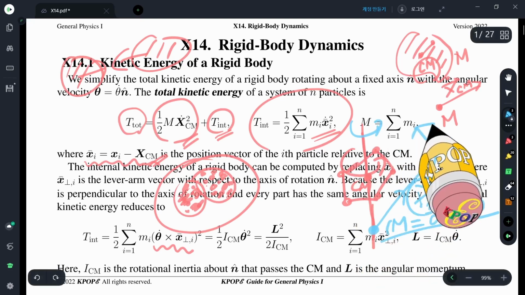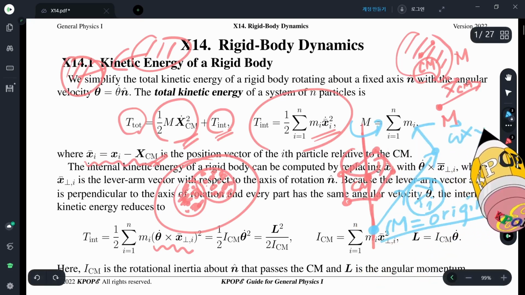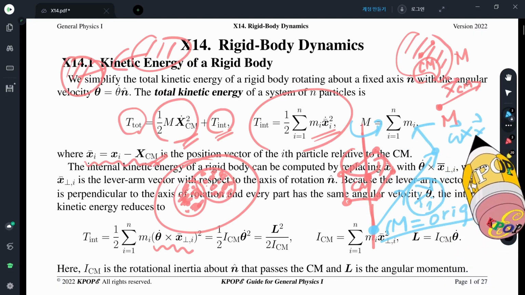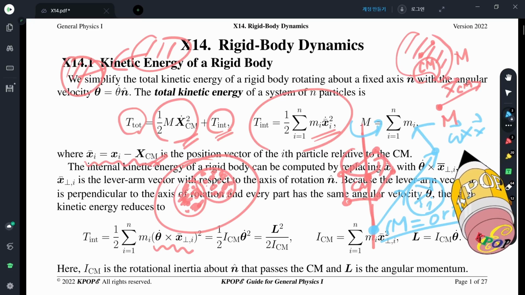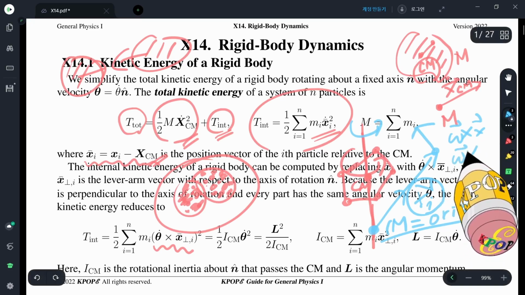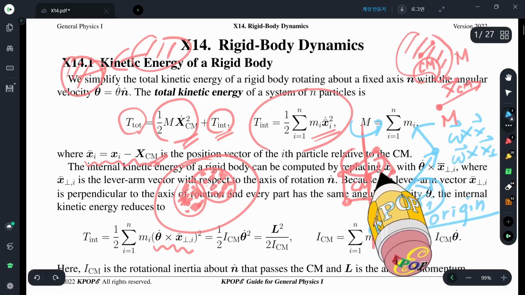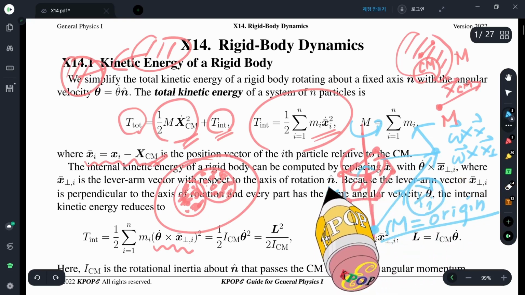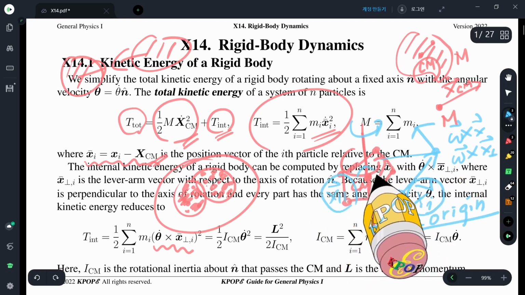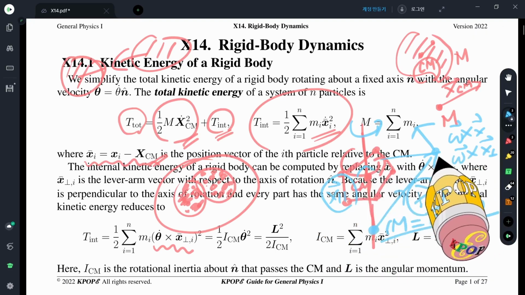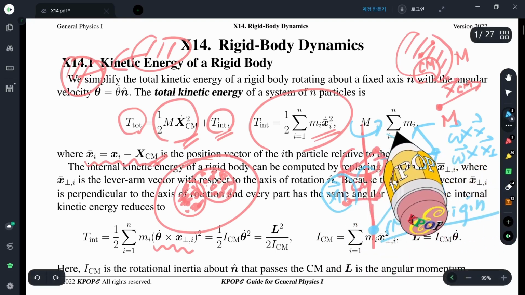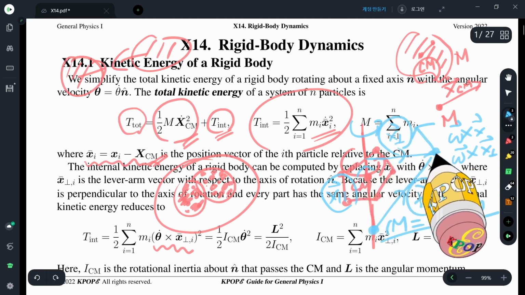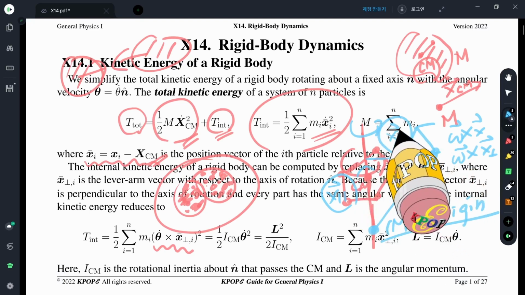It has a velocity omega cross x. This omega cross x can be simplified as omega cross x perpendicular, because x is decomposed into x parallel, which is parallel to the rotational axis and does not contribute to the velocity. Only the lever arm, x perpendicular, of the particle contributes to the velocity.